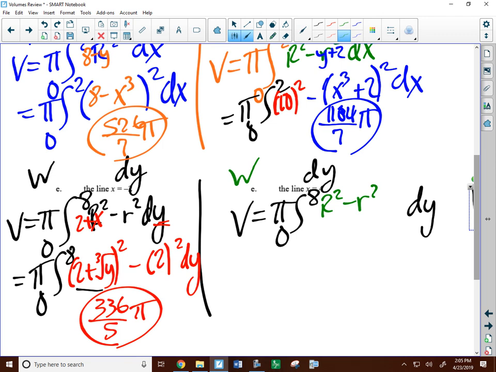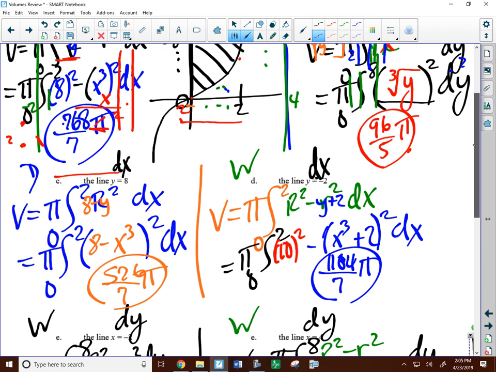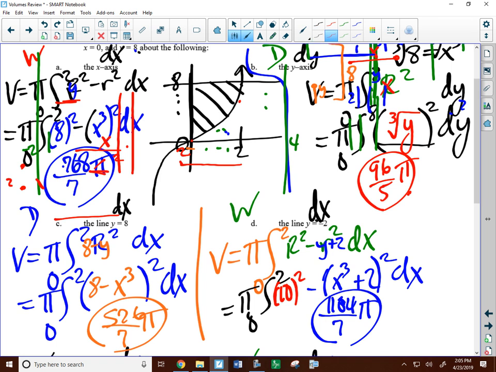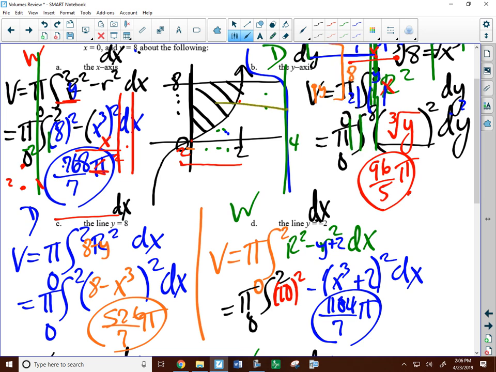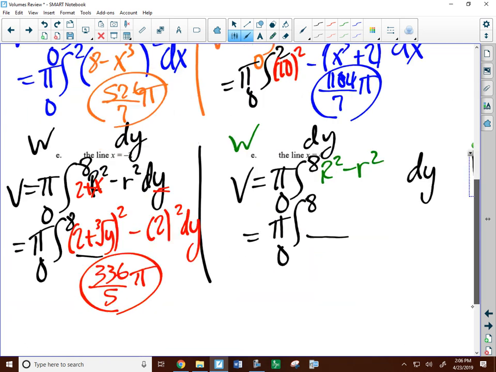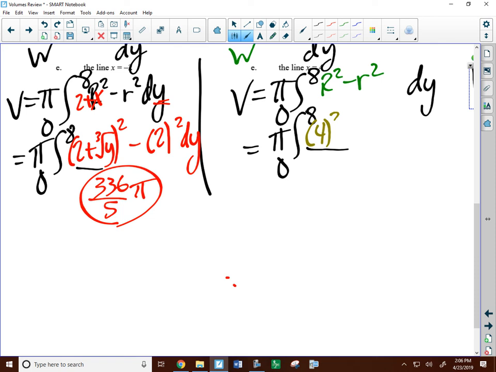So now capital R squared minus little r squared. Okay, I need capital R. Green line is on the right, referring to the table, number minus x or y. Here to here is capital R, axis to the outer part of the region, not changing. It's 4.